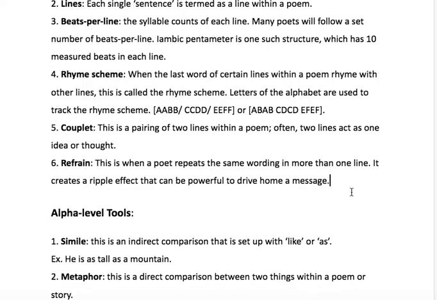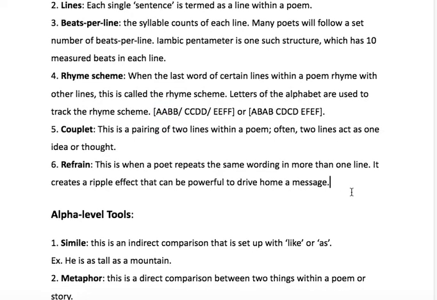Number 6, for our beta level literary devices or our beta level literary tools, is the idea of refrain. Refrain is when the poet repeats a group of words in more than one line. Quite often it's used to create what I call a ripple effect throughout the poem.